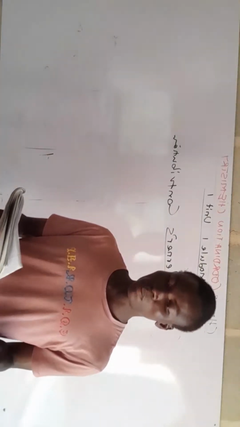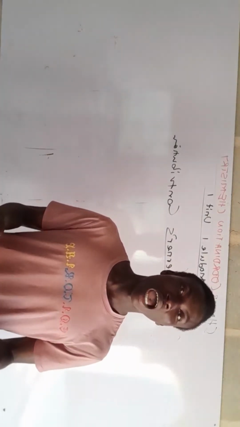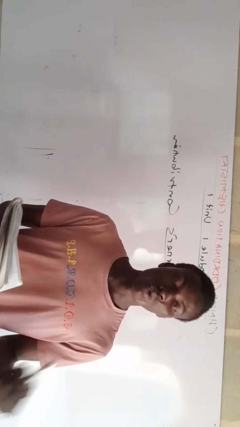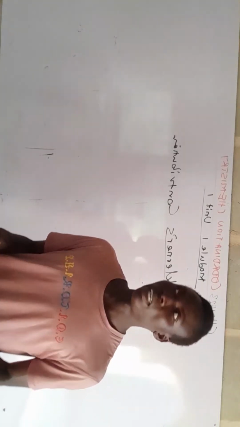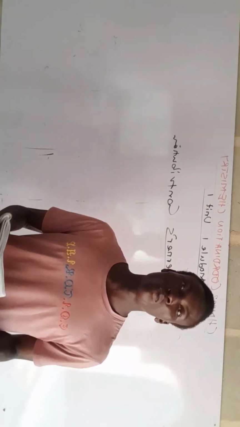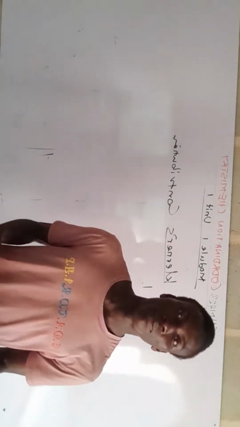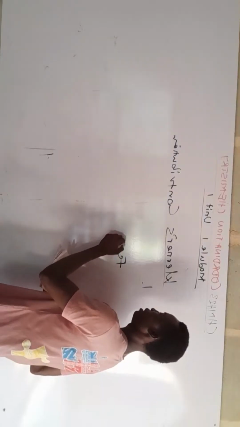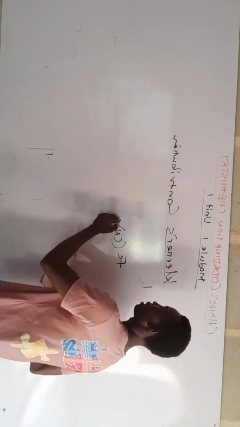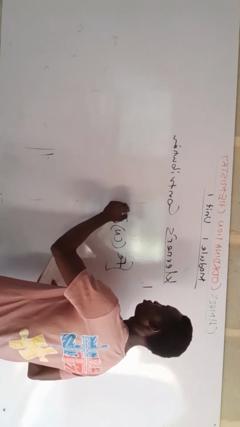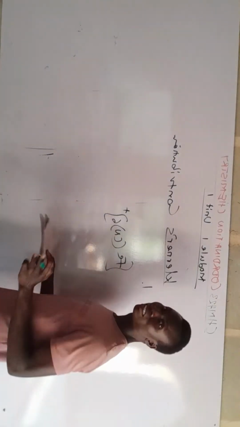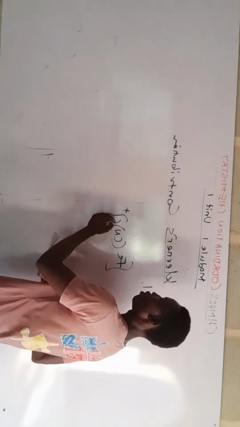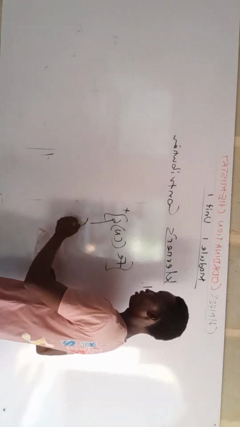So there is a difference between the oxidation state and the coordination number. Coordination number is quite different from oxidation state. When we say coordination number, take for example Fe(CN)6, even if the oxidation state is just plus in this place, the coordination number is 6.